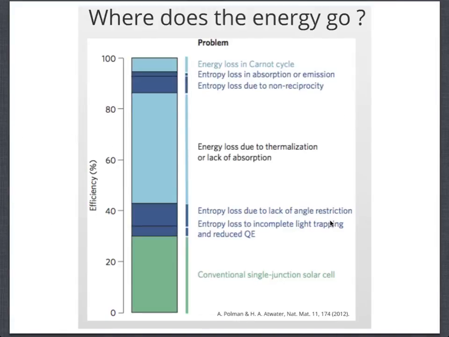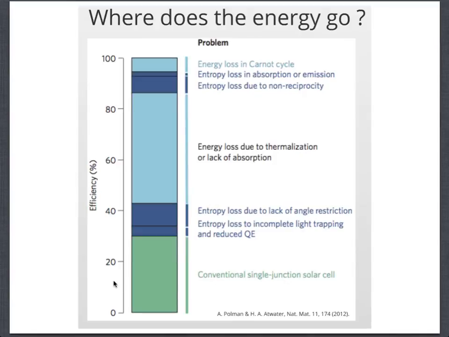So this is the chart that actually gives an idea of how much energy is lost in which cases. It's from a nice paper which was published in Nature Materials. I would encourage you to go and look at the paper. It's a very interesting paper.